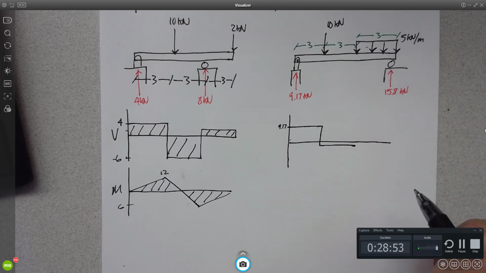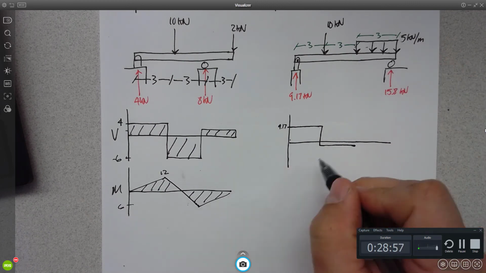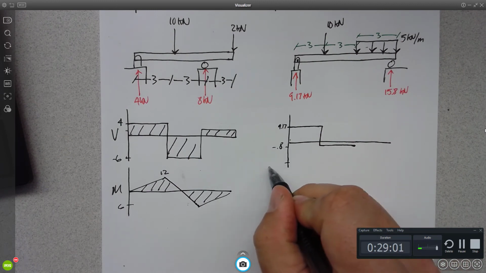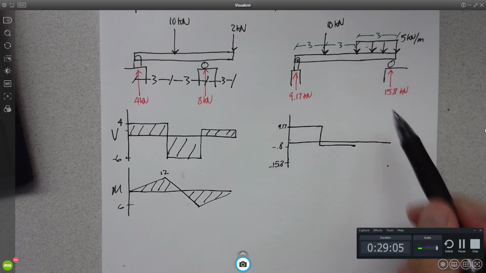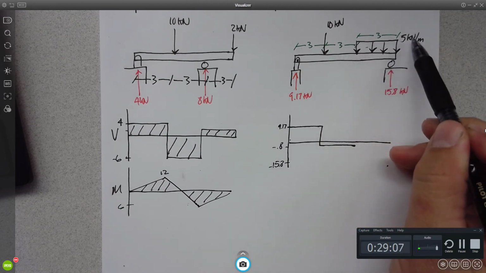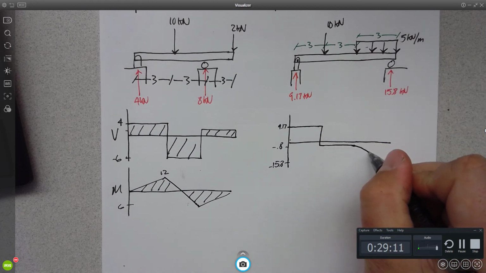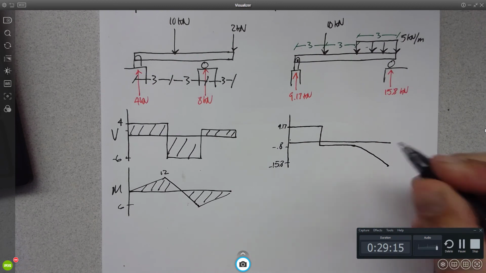So 3 times 5 is 15. So I know that I'm going to end up 15 below this. Okay, so I know I'm at negative 0.8 here. So that means I'm going to end up at negative 15.8. The slope at which I do that is the magnitude of the load curve, or negative 5. Okay, that should be a straight line.